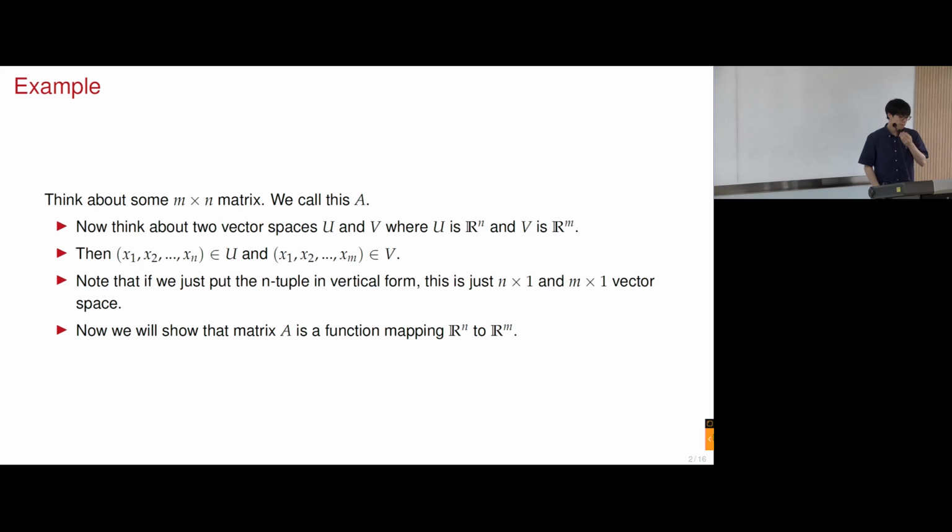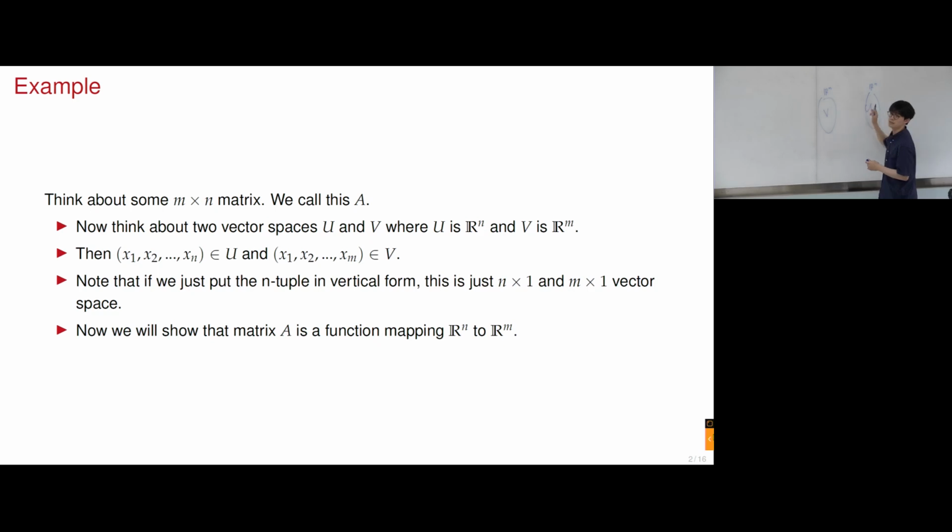All right. So think about some m by n matrix, and we're going to call this matrix A, okay? Now, we're going to think about two vector spaces, U and V, where U is Rn and V is Rm. So let's draw it here. There's a U, which is Rn, and there is a V vector space, which is Rm space.